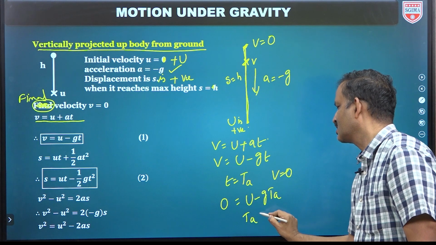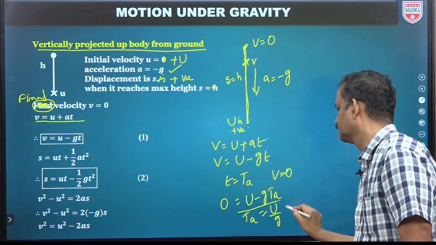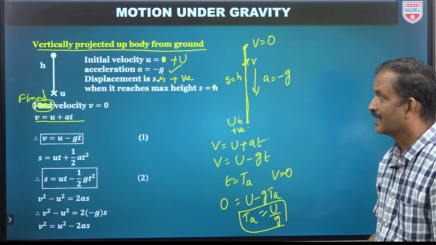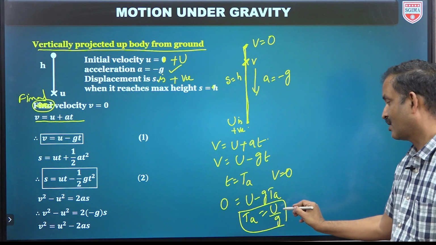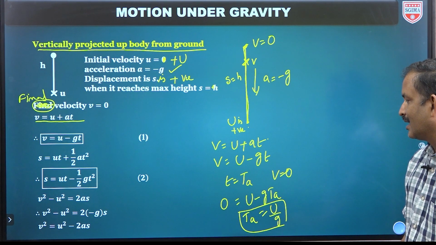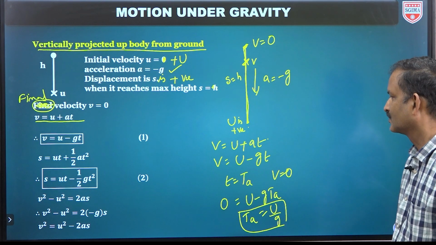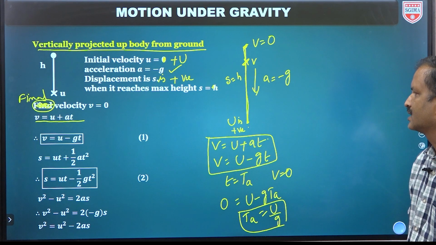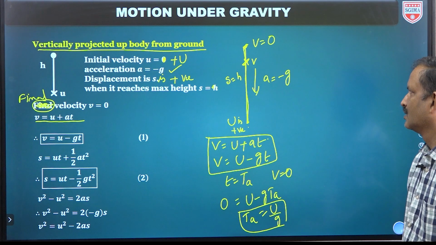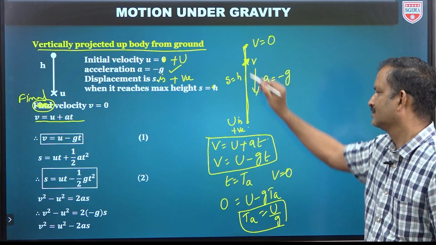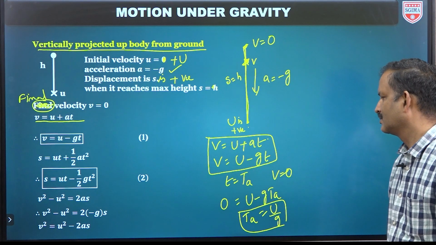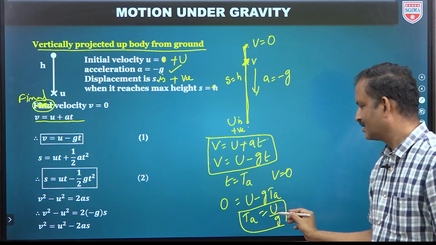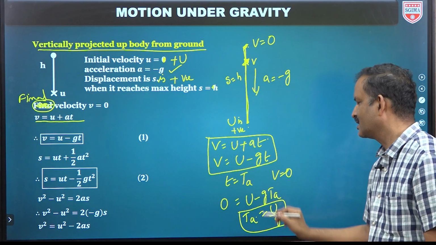So, time of ascent is equal to u by g. The time taken to reach the highest point is the time of ascent. The time of ascent is equal to u by g. Suppose the body reaches some other point, we have some v. But when the body reaches the highest point, v is 0. So, I am applying that time of ascent, u by g.